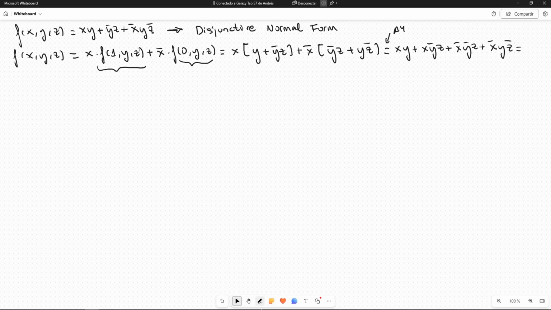And this function is like it appears here. And we are going to call this, for example, the form 1 of the function.